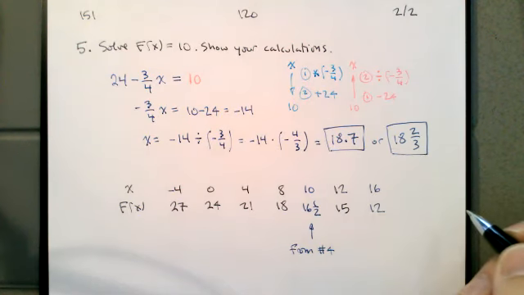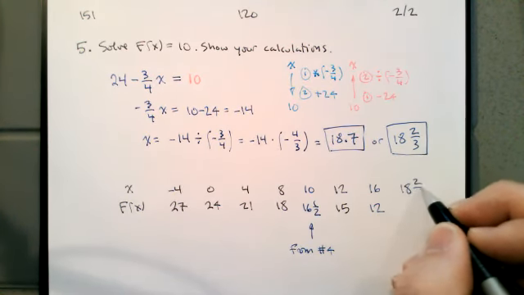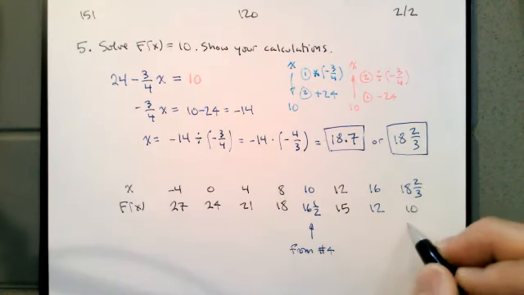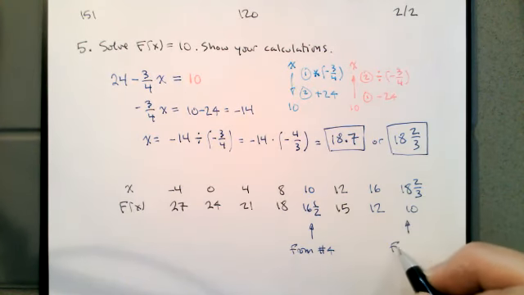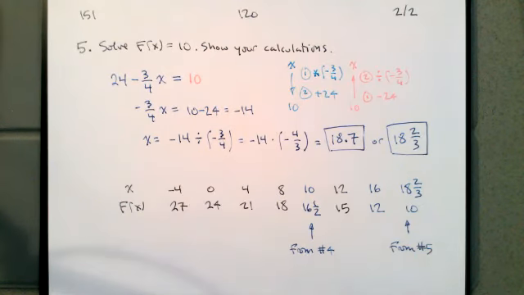We just keep following the pattern. Then we get to the point where we have 18 and 2/3, 10, and that's from problem 5. So it's like we're going for points that are in between the ones that are 4 units apart in the x.